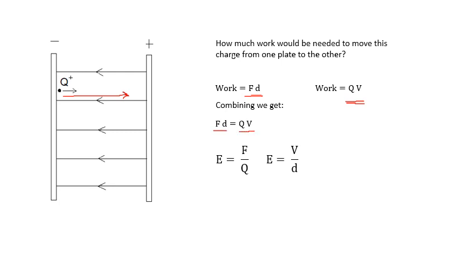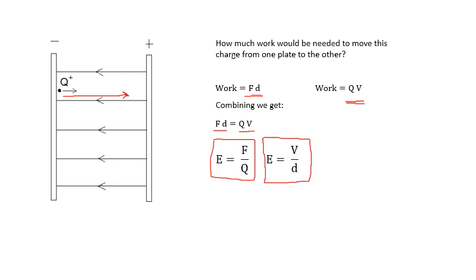And if I rearrange it, then we will see that F over Q equals V over D. So both of them are electric field strength. So electric field strength, E equals F over Q. That's our definition of electric field strength. And now we also have E equals V over D, which is very useful.